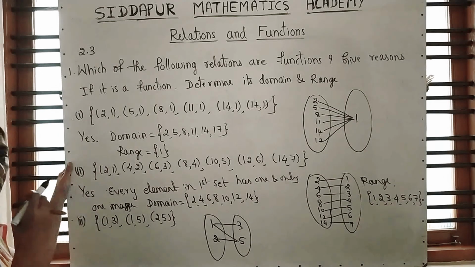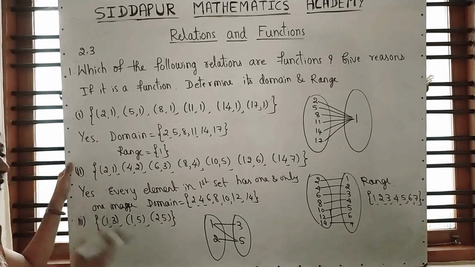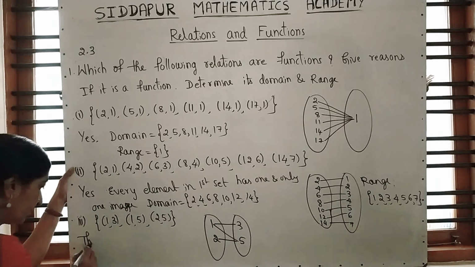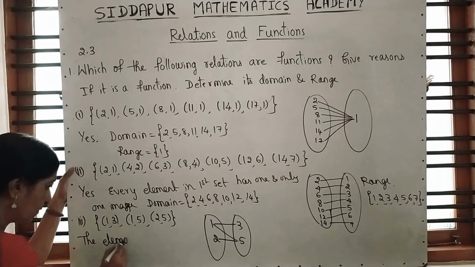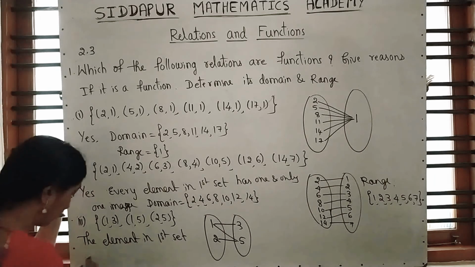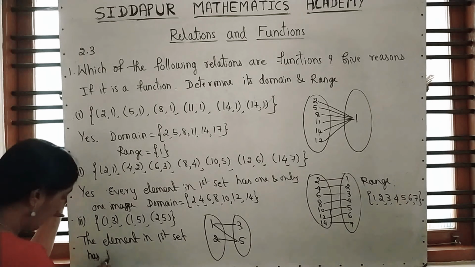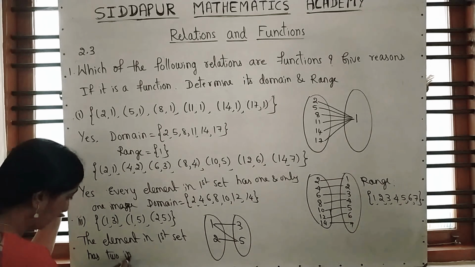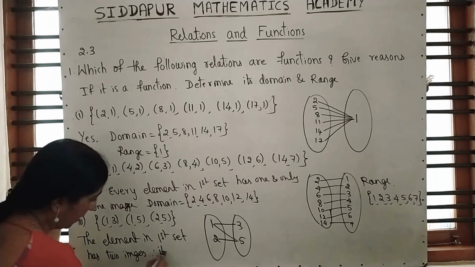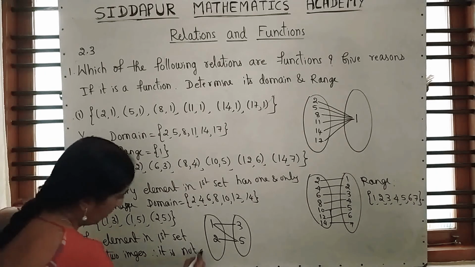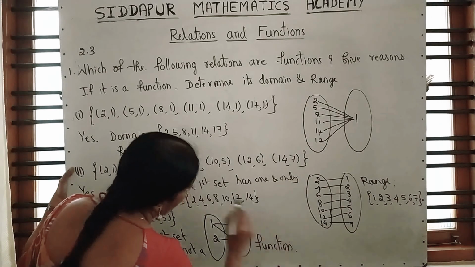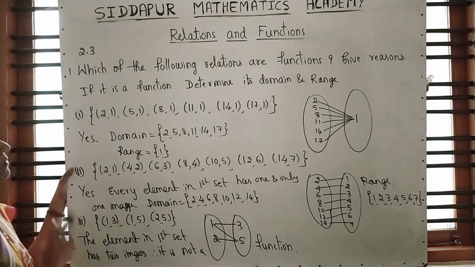That means the element in the first set has two images. Therefore it is not a function. Understood? Yes. This is the first problem in 2.3.